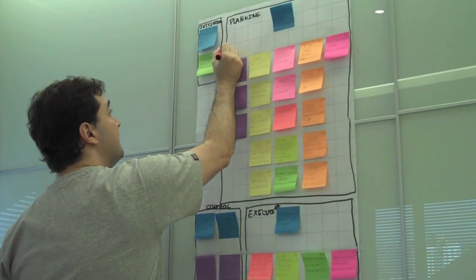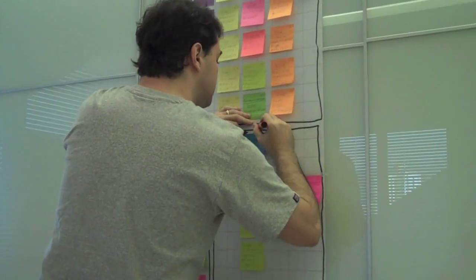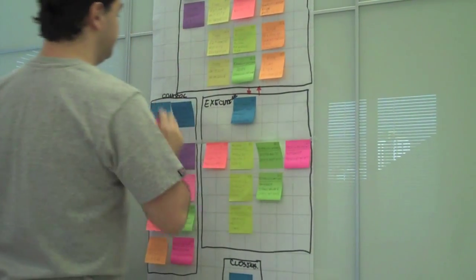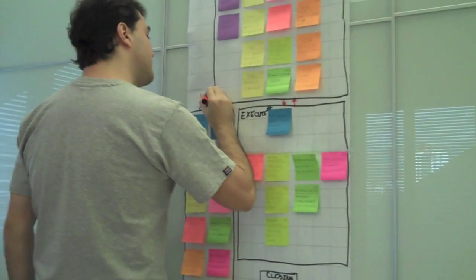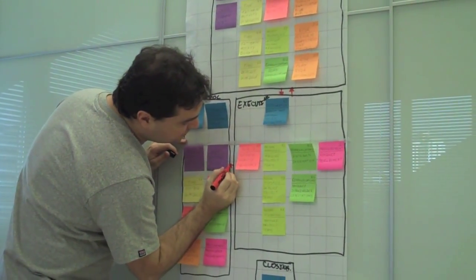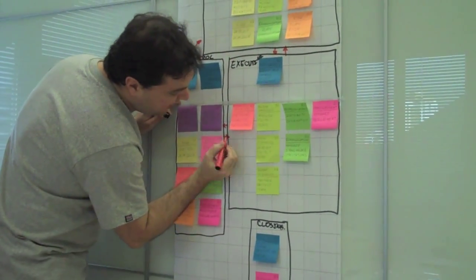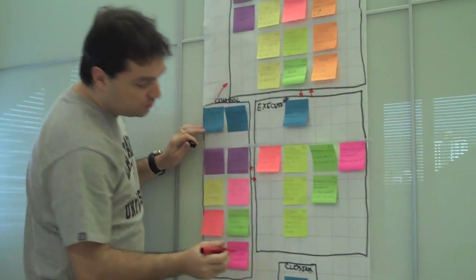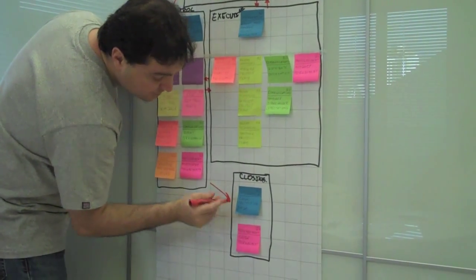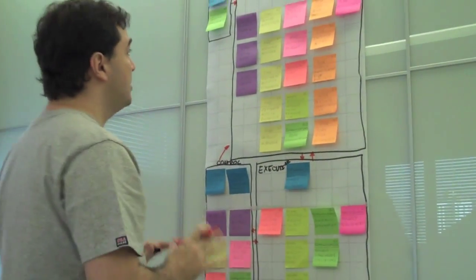From the initiating to the planning, planning to the executing and returning back, replanning, control returning back to planning, executing bringing information to control and receiving information back from control, and from the executing to the closing process. These are big arrows connecting the 5 process groups.